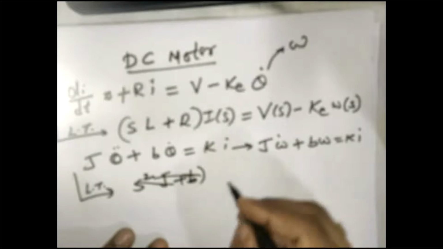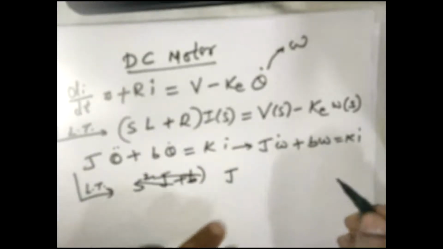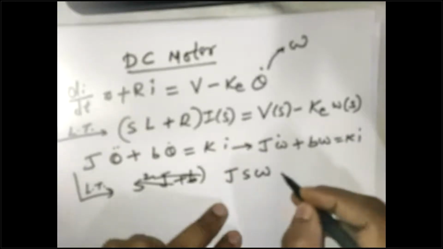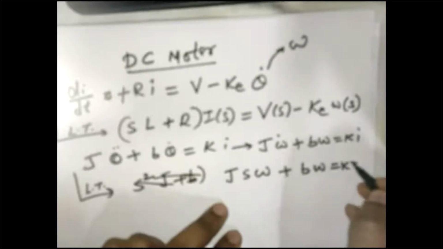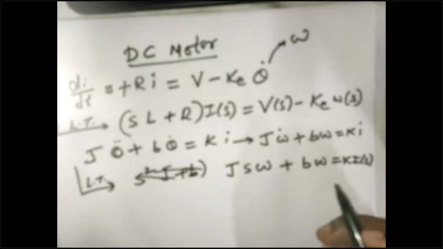If I take the Laplace transform of this equation, this will become J into s into omega plus B into omega equal to K into I of s. This is one such way of writing the thing.